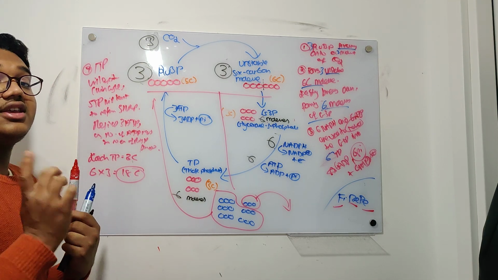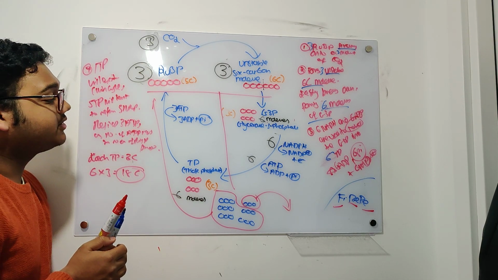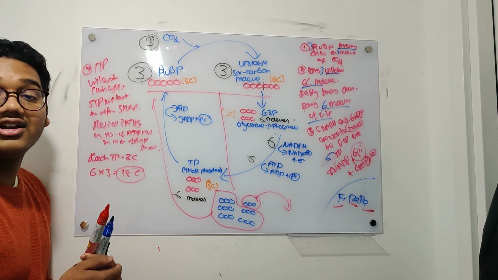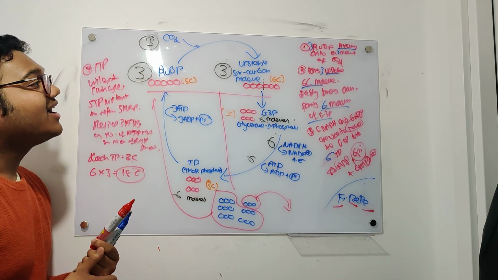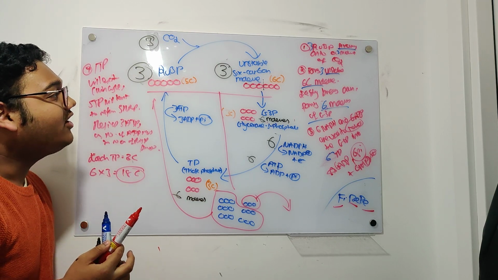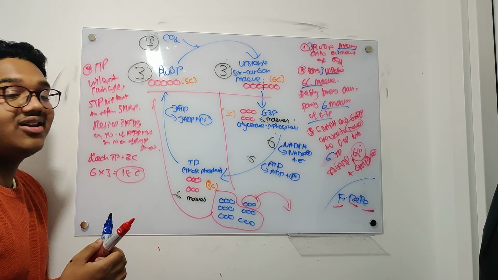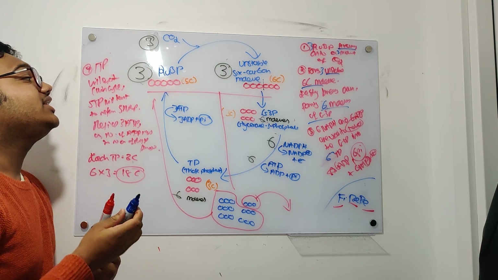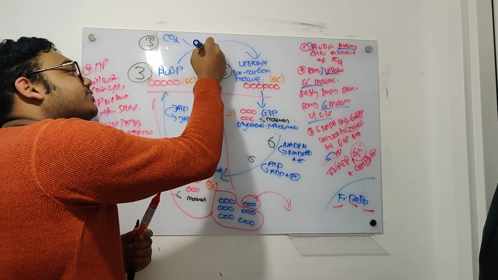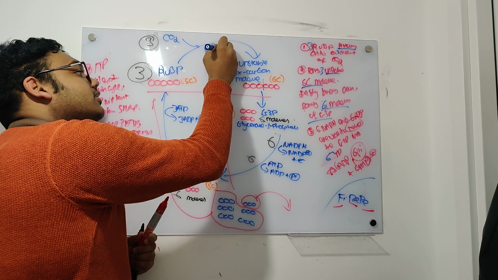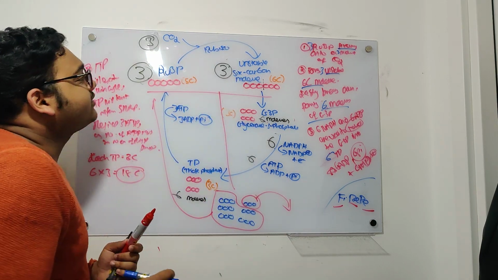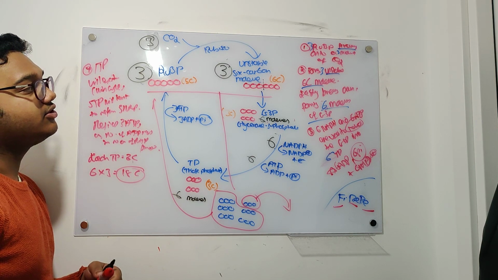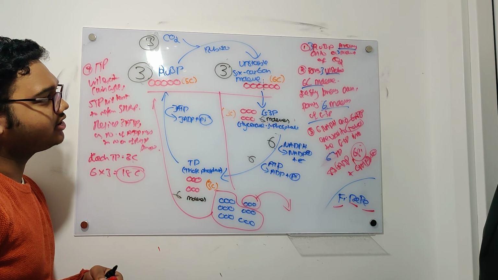Now, one key point that I've missed out from this diagram, and you'll know from the textbooks, is that I haven't mentioned the enzyme. I specifically left that out for last because I lost a lot of marks for not talking about the enzyme. So the enzyme that we need to know is Rubisco. And Rubisco catalyzes the reaction between RuBP and carbon dioxide to form that unstable 6-carbon molecule.